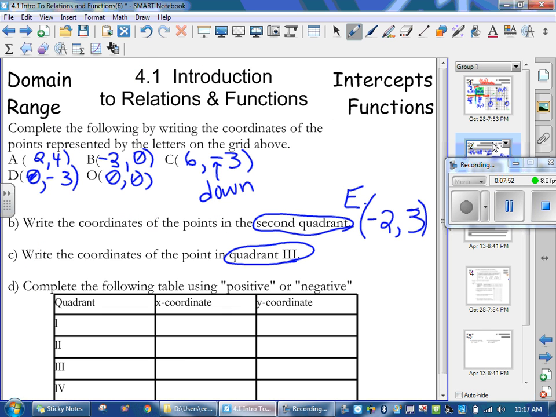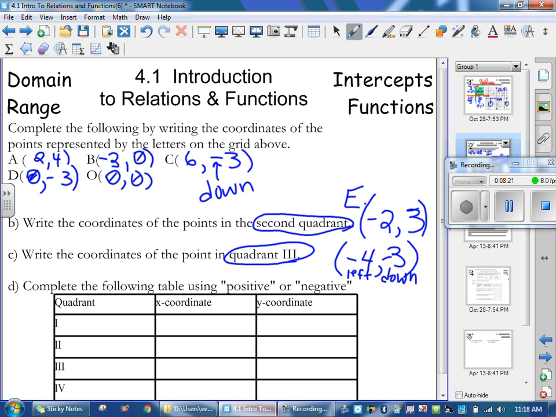So this guy's going to be -4, -3, because he went left and he went down. So if they just said to you, describe what that point means, you describe the point exactly like that. The X letter you describe as a left or a right movement. The Y letter, you describe as an up or down movement. Okay, positive's up, negative is down.